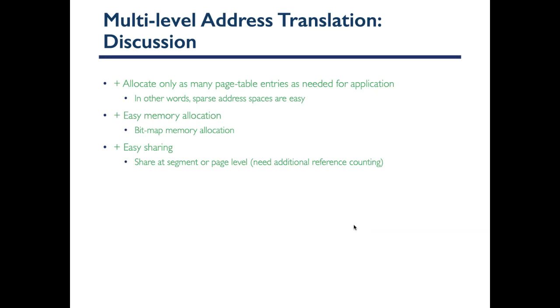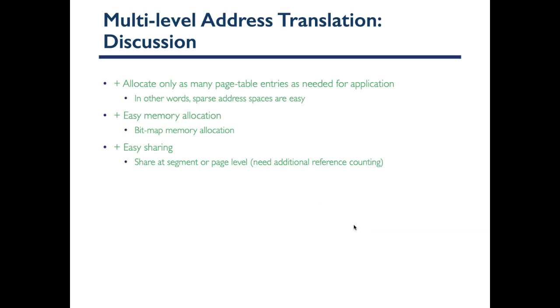Everything is paged, so the fixed size applies to virtual and physical addresses, and we can just have a bitmap to know which pages are empty and which pages are allocated. So it's easy to allocate. Sharing is also easy. We can just map the same virtual pages to the same physical pages.